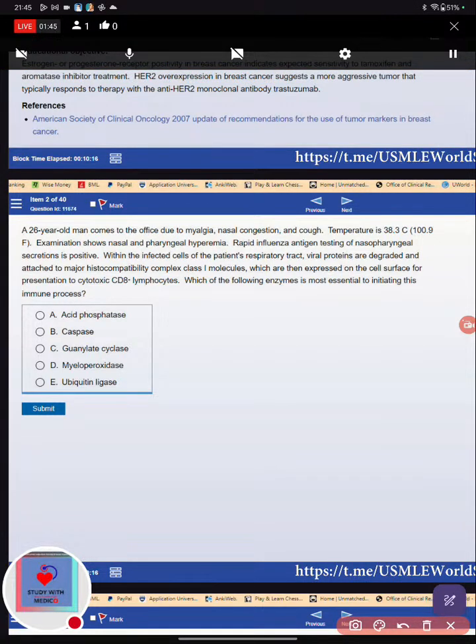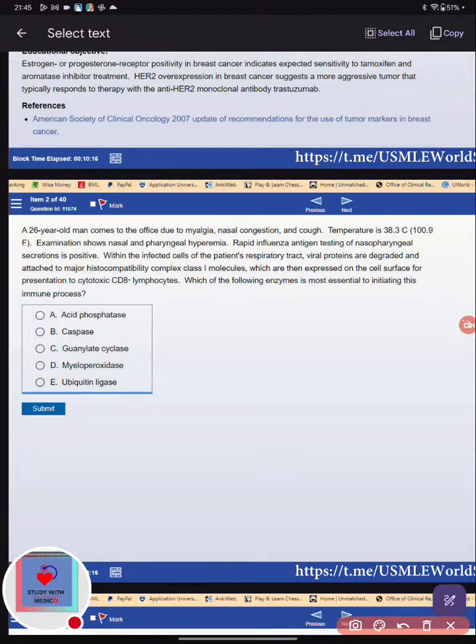Hyperemia is excess of blood there because of congestion or obstruction. So the rapid influenza test was done and it is positive. The test was through the nasopharynx.